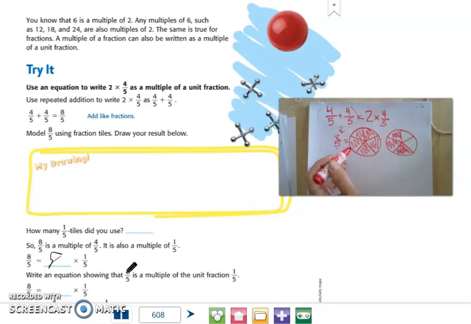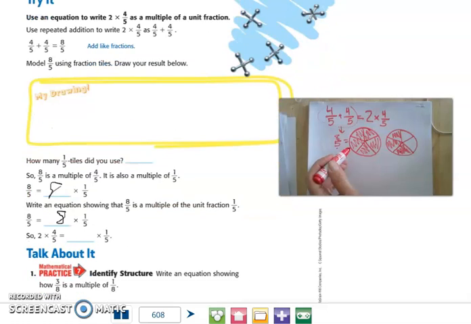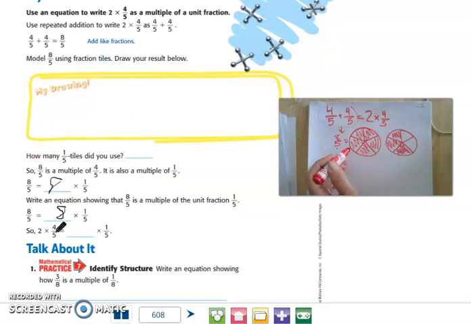Write an equation that is showing that 8/5 is a multiple of unit fractions. We just did that. 8/5 equals 8 times 1/5. So 2 times 4/5 equals 8 times 1/5.